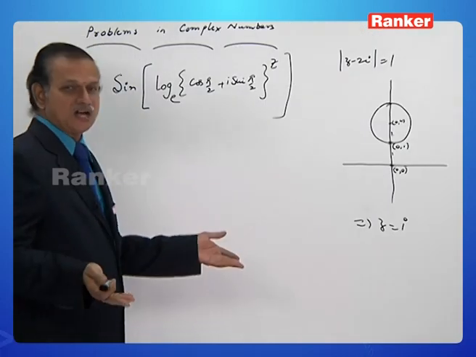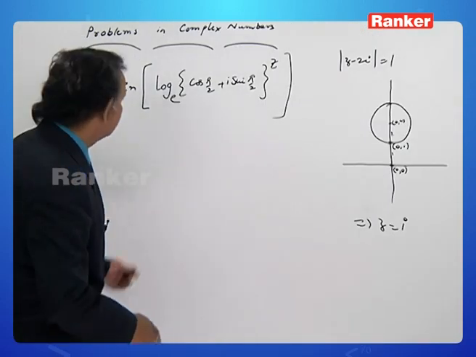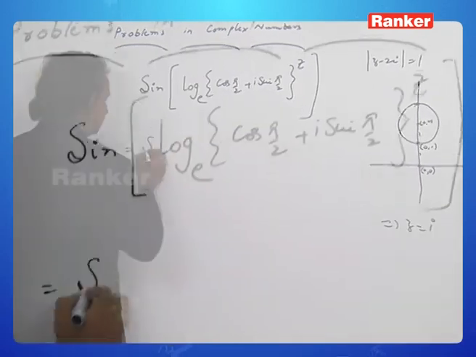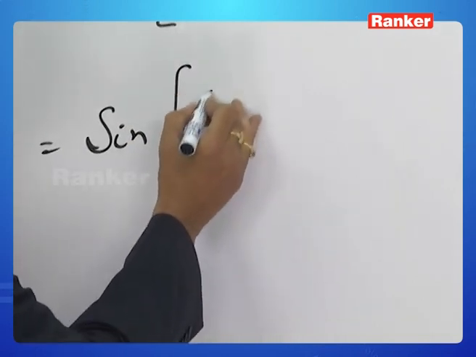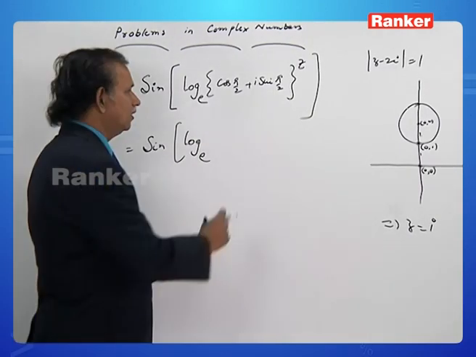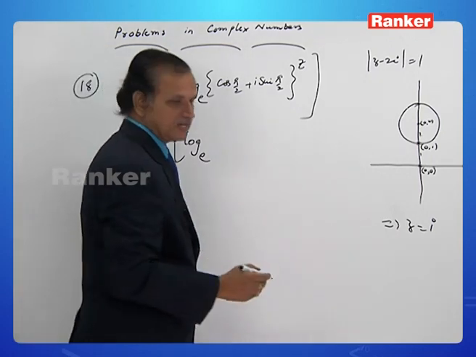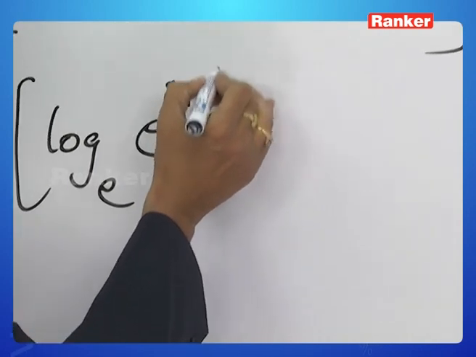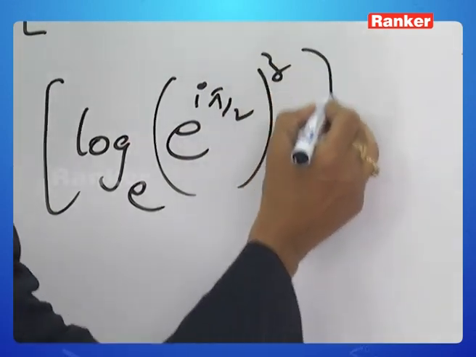Let us start simplifying it. It looks so bulky here. It is equal to sine of log to the base e of (cos pi by 2 plus i sin pi by 2), which is nothing but e power i pi by 2, whole to the power of z.